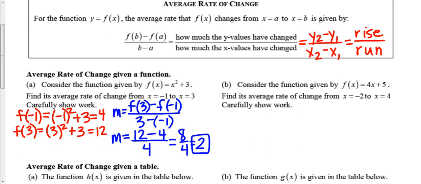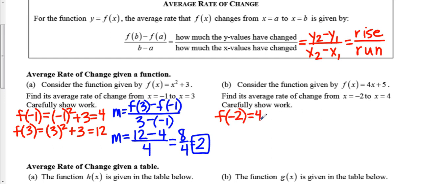Let's try this again. This time I have a different function. F of x is equal to 4x plus 5. We're going to find the average rate of change from x equals -2 to x equals 4. Again, we'll carefully show our work. We're going to first find our corresponding y values if x is -2 and x is 4. So our function notation, we're going to start with f of -2.